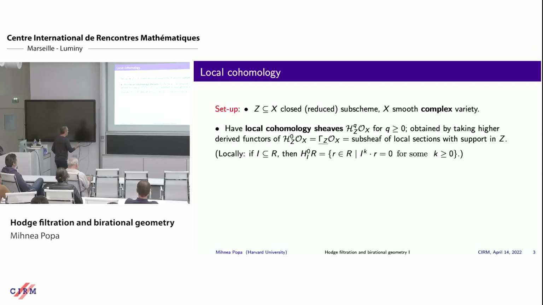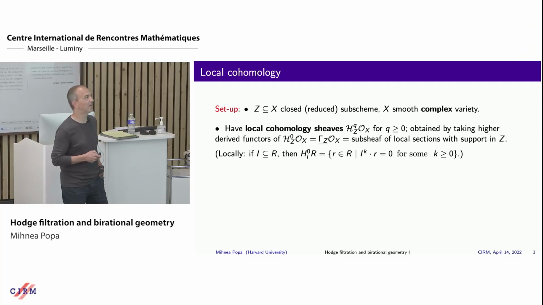That's H0, and then you pass to higher cohomology. So just to be very clear from the very beginning, this is local cohomology and not global local cohomology, which would be passing to cohomology. Okay, this comes up every once in a while when I give a talk on this.